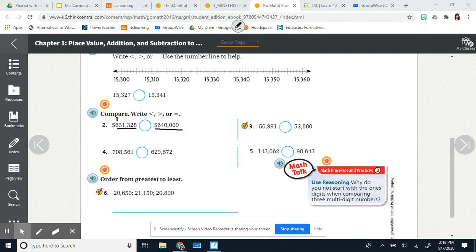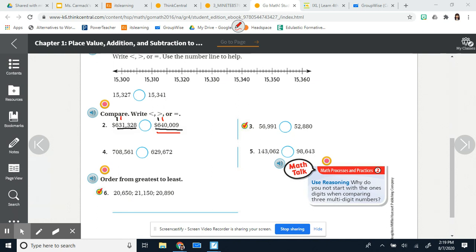So 6 and 6. Those are the same. Now going to my 10,000s place. I'm going to do a different color to help you see it better. I have a 3 and a 4. So already I'm seeing that this one has the bigger number in the 10,000s place.